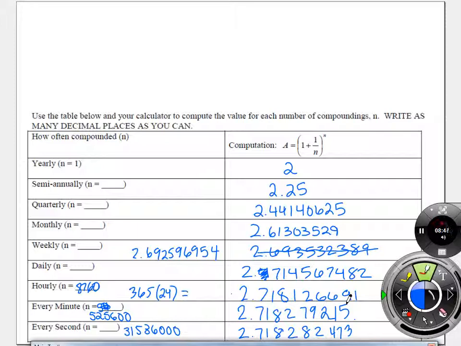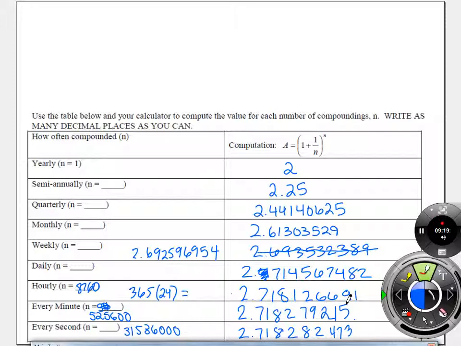Then from going quarterly to monthly, from looking at it 4 times to 12 times, so looking at it so much more, it does increase, but only by 0.17, okay, 17 cents. Then to go from here to here, okay, from monthly to weekly, they're looking at it from 12 and they're changing the number to 52. That's a pretty big increase in the number of times they're compounding. It does increase, but only by 8 cents.